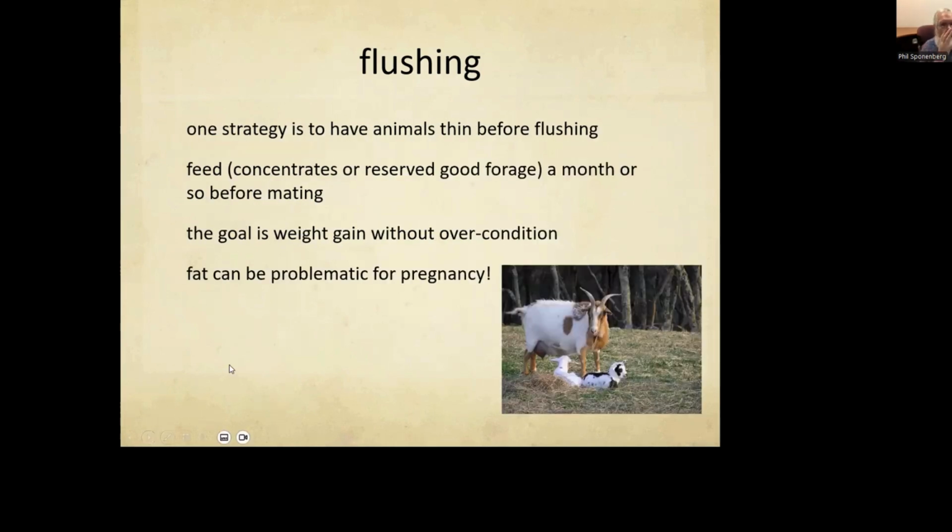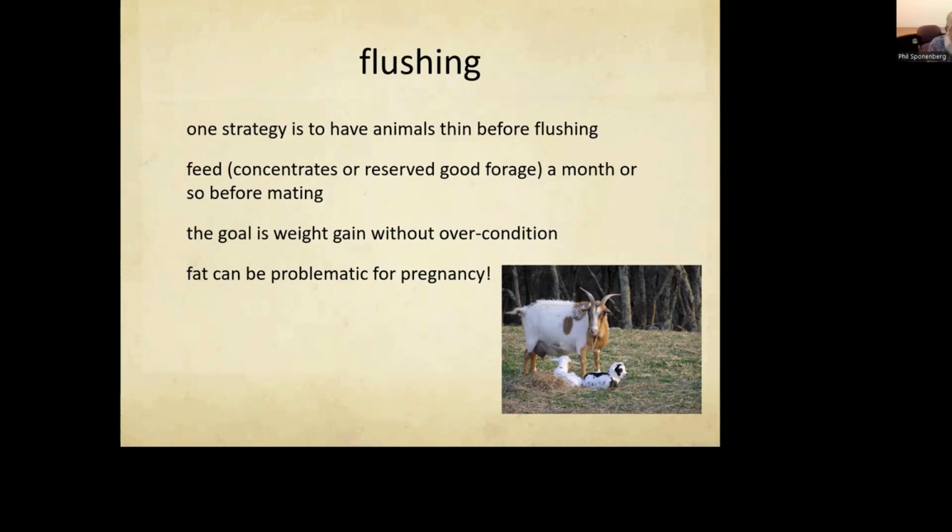So one strategy, and this is going to be controversial, is used especially in New Zealand in sheep production. They're going to take their ewes and have them fairly thin before they're flushing them. So this would probably be a body condition score of 2.